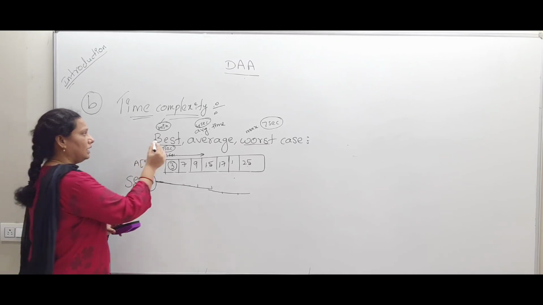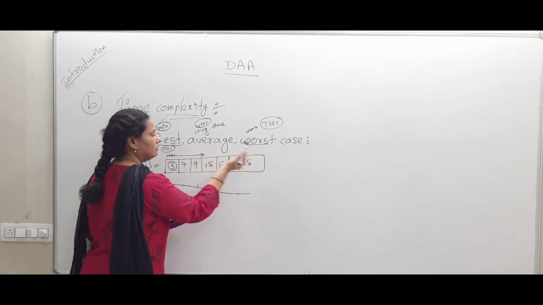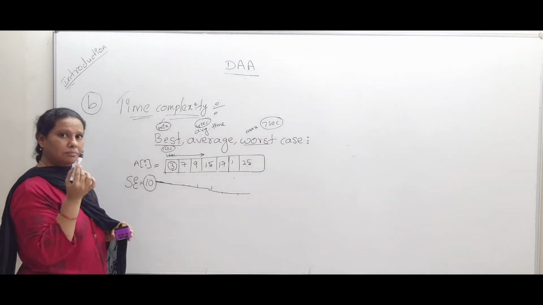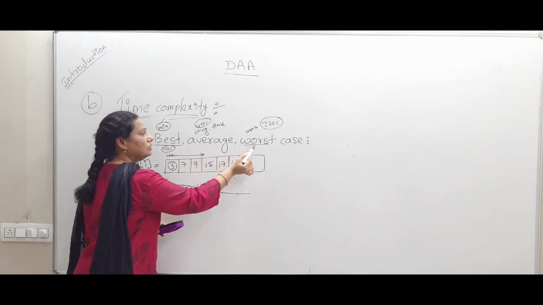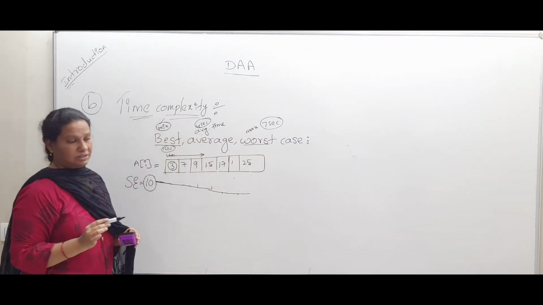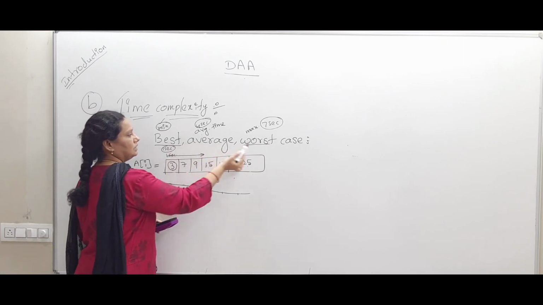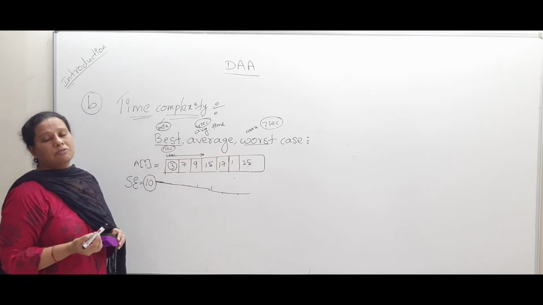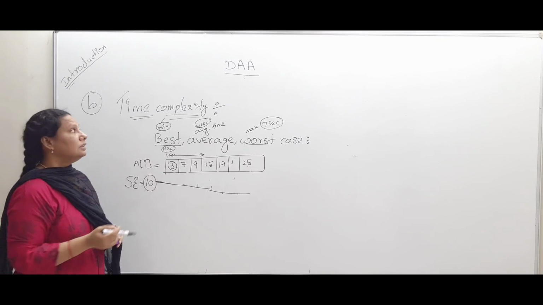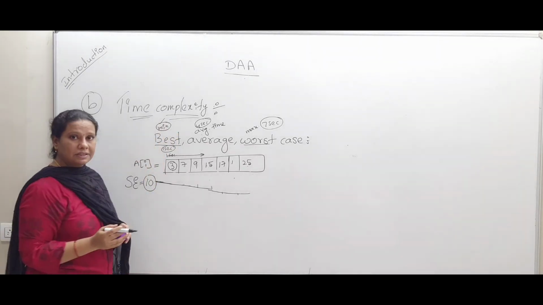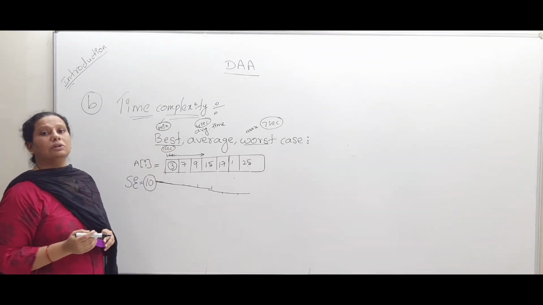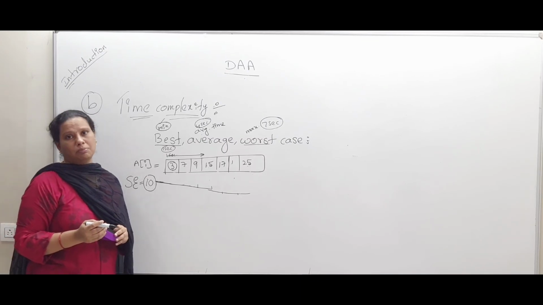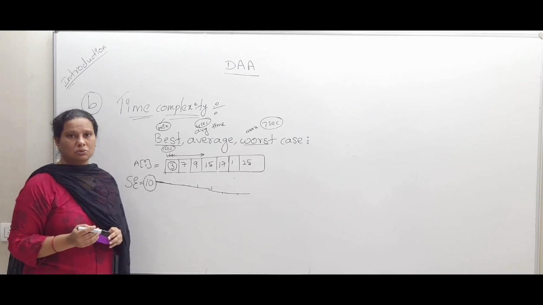And the next one is cases: best case, average case and worst case. Best case means minimum time of execution, worst case means maximum time of execution, average case means in between the best and the worst case of execution. This is about your time and space complexity. Now we are going for the most important topic, that is asymptotic notation.